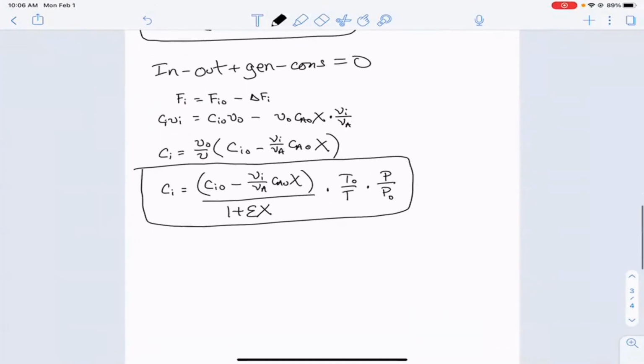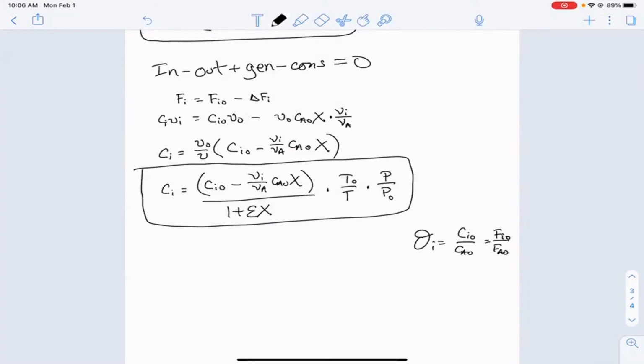So sometimes what your book will do is they define this term theta I, which is equal to Ci0 over Ca0. It's also equal to Fi0 over Fa0, right? Because it's just multiplied or divided by the initial volumetric flow rate, and that's just a constant, right? It's the initial value. So you can see that constant defined both ways.